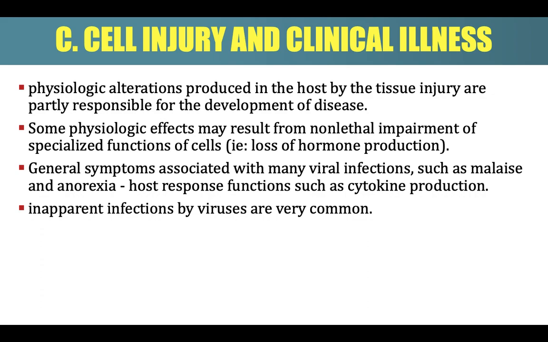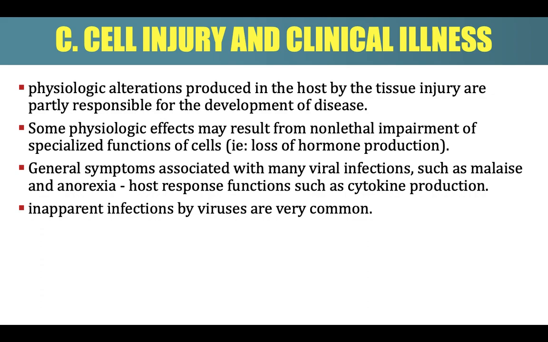Now we'll move to the third step of virus pathogenesis. The third step is cell injury and clinical illness, where destruction of virus-infected cells in the target tissue and physiologic alteration produced in the host by the tissue injury are partly responsible for the development of disease.